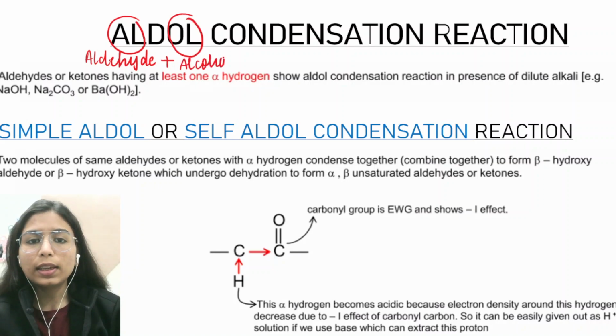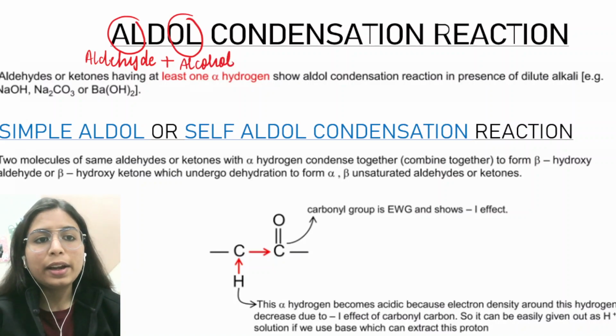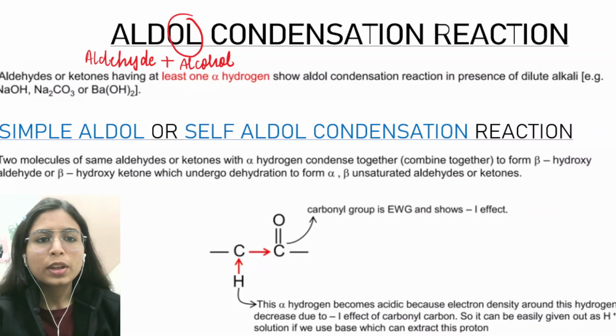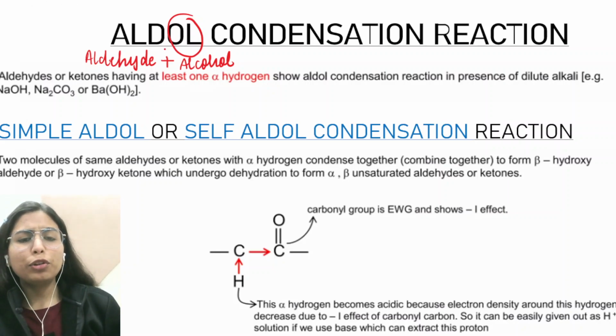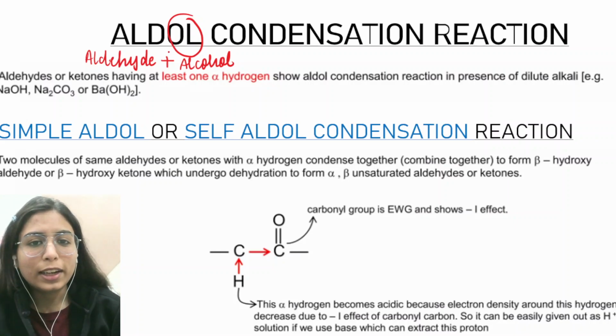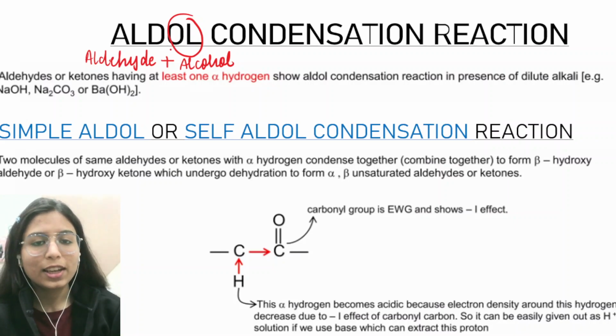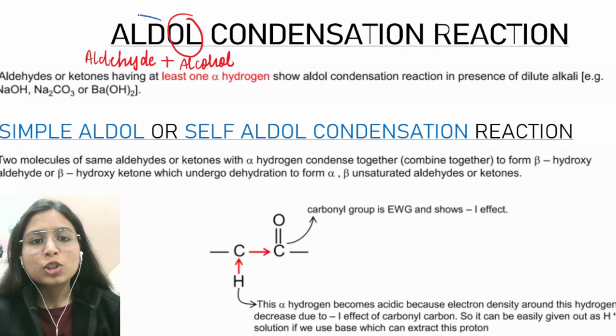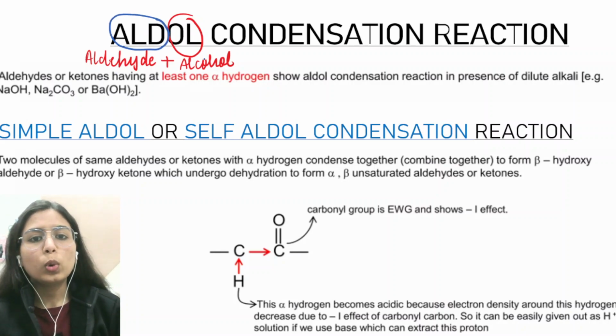So basically aldehyde and alcohol combine together to form aldol. Just like we form a mixture of two names, right? This is the latest trend, we form hashtags. Similar to that, we have aldol over here. So if you break up this word, ald comes from aldehyde and ol comes from alcohol.